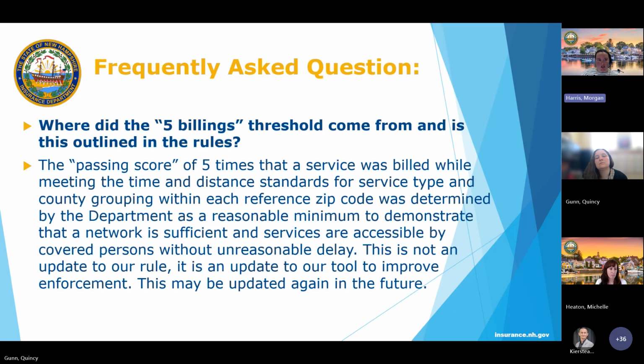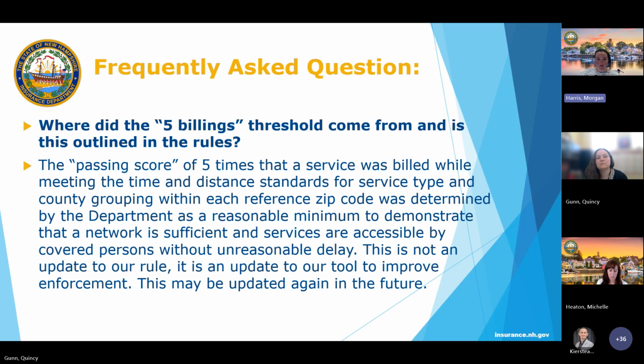One thing we wanted to touch on was the 5 billing threshold, where it came from, why we changed it, and so on. Since the network adequacy tool started many years ago, I think it was about 2010, the threshold was very low. You only needed one claim in one of the reference zip codes to pass.